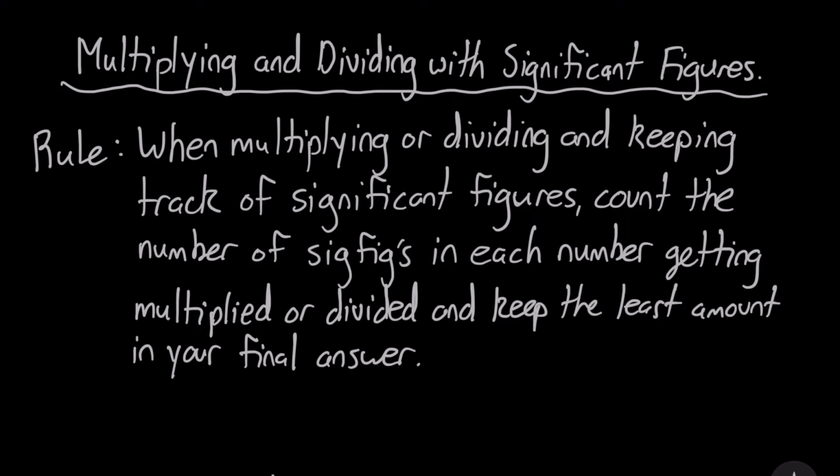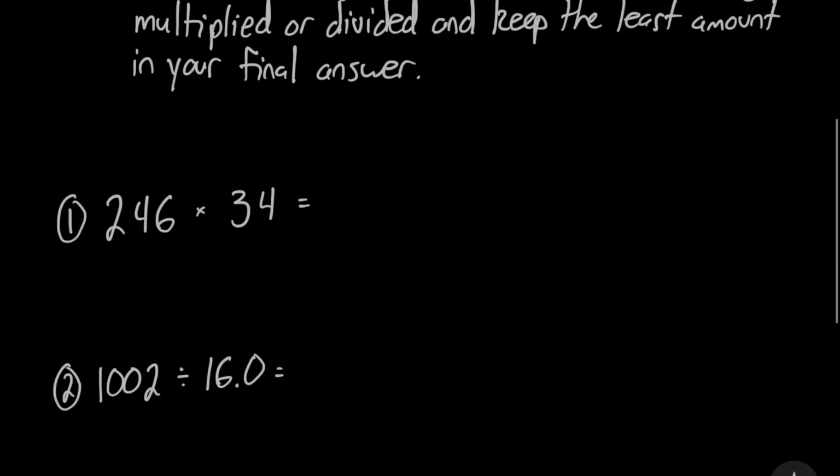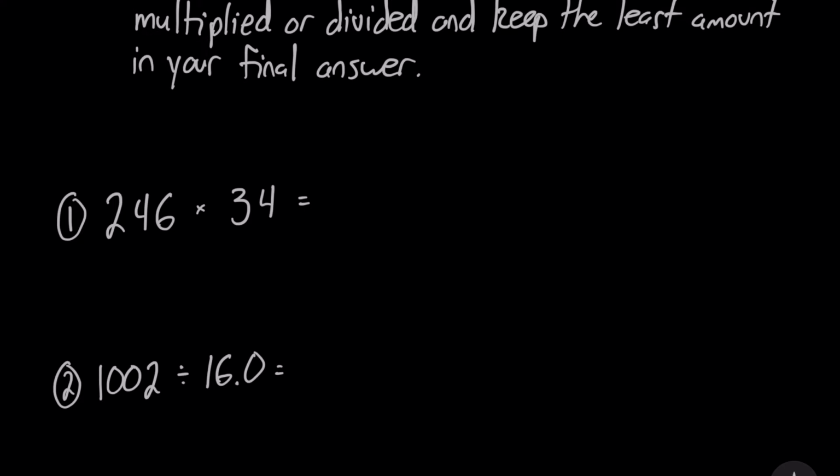Our first example has 246 being multiplied by 34. We are going to distinguish how many significant figures are in each of our numbers. In 246, all 3 of our digits are significant, and in 34, both digits are significant.